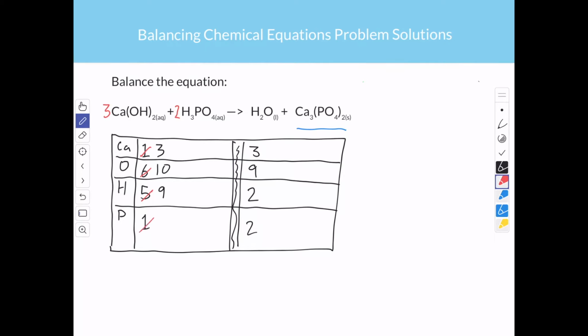So that will fix the phosphorus. We have to change our hydrogens and oxygens again. So again, we have 6 oxygens from this substance, plus 4 times 2 is 8. So 6 and 8, 14.